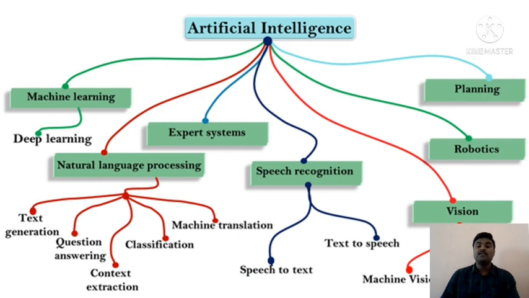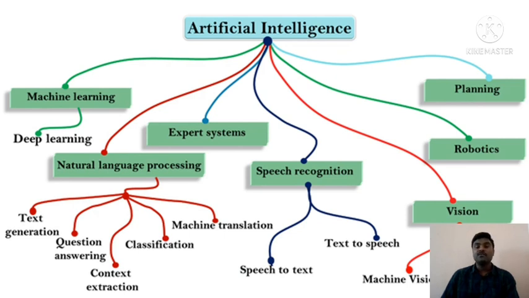Then it comprehends what we are saying, what our instruction is, makes a decision, and that's how speech recognition works. You can see here speech recognition has two more subfields, that is speech to text and text to speech.